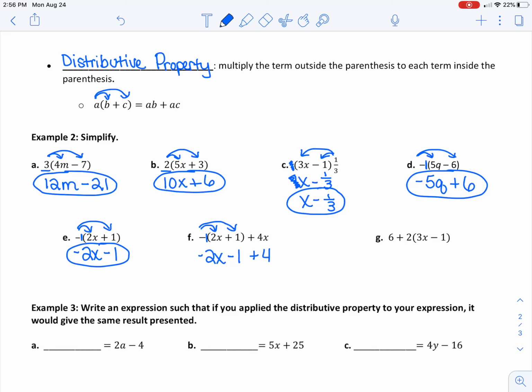So really that 4x just goes out on the outside still. I'm still going to add it in, but it's not part of those parentheses, so you can't just multiply it by the -1. So I'm going to say -2x plus 4x because those are like terms. Okay, -2 plus 4 is 2. Keep my x, and I have that -1 there that I'm going to keep.